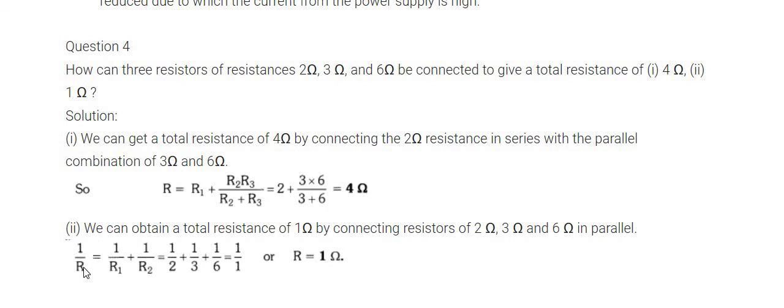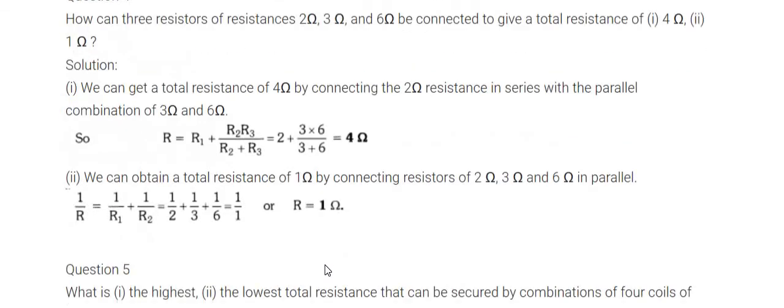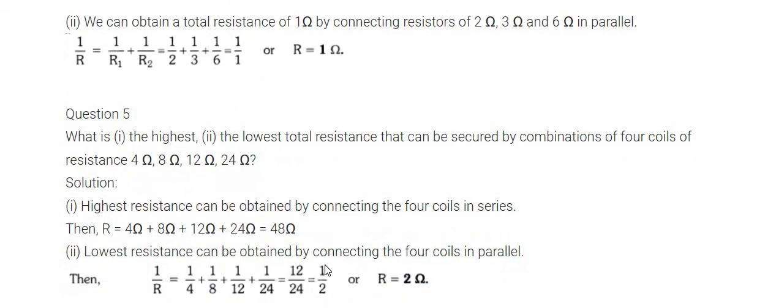Here you can see that 1 upon R is equal to 1 by R1 plus 1 by R2 plus 1 by R3, which is 1 by 2 plus 1 by 3 plus 1 by 6, equal to 1 by 1. So we get 1 ohm. So R is equal to 1 ohm.